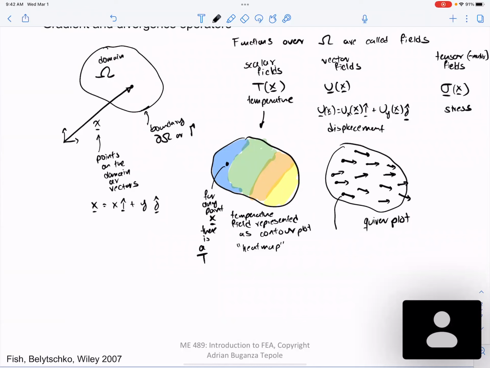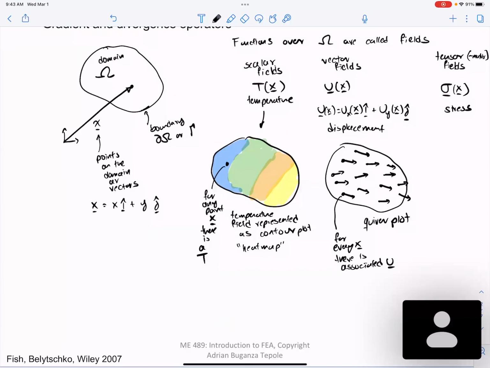Right, so for every x, there is an associated u. No good way of representing the tensor field because matrices are difficult to paint. Anyways, these are clearly functions, or fields, because for every point x, you can evaluate either this vector field or this temperature field.